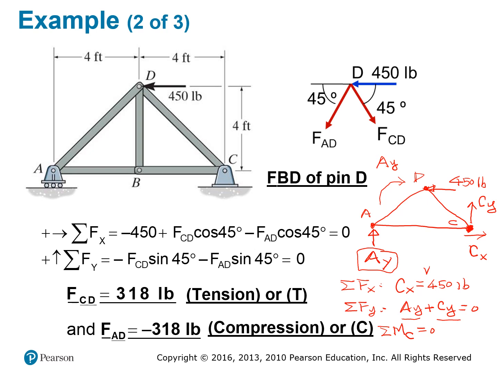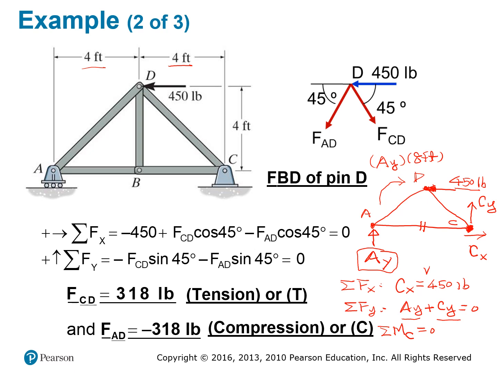The distance will be the distance of AC, which is going to be 4 feet, that'll be 8 feet. This one makes it go clockwise. Now the other force, this external force 450, will make the object rotate counterclockwise around the point C.